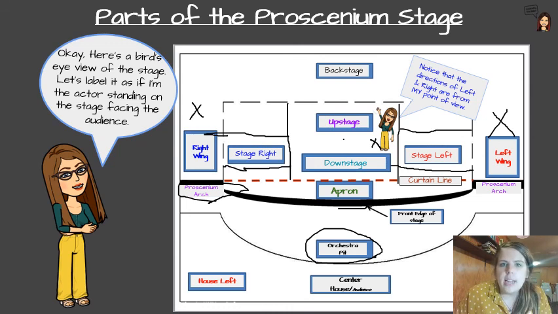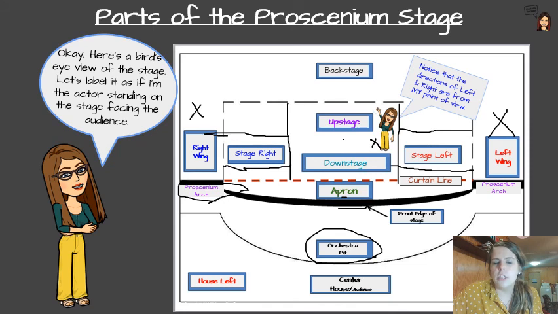And so that giant circle, it's a really nice viewpoint to let my kids know where they need to stand on stage. But like I said, a lot of people think that this is the strongest position on stage when it's actually right here, right there at the edge of the stage, downstage.